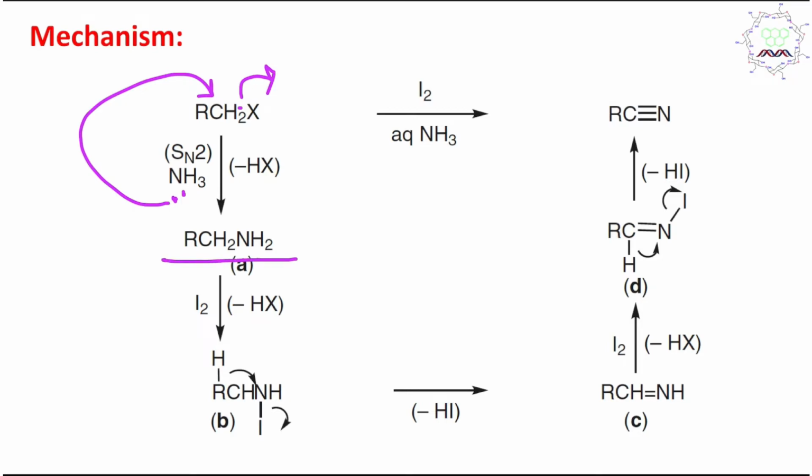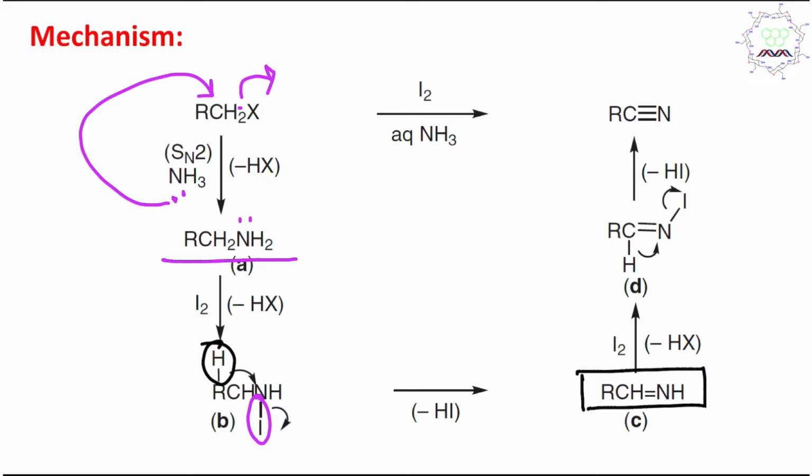In the next step, iodine reacts with nitrogen in a similar way as with the alcohol, this N-I bond formation. Second, this hydrogen is removed, means abstracted. Ammonia is acting as a base here because ammonia is taken in large excess. So first it will produce this imine, similar to a primary alcohol to aldehyde.